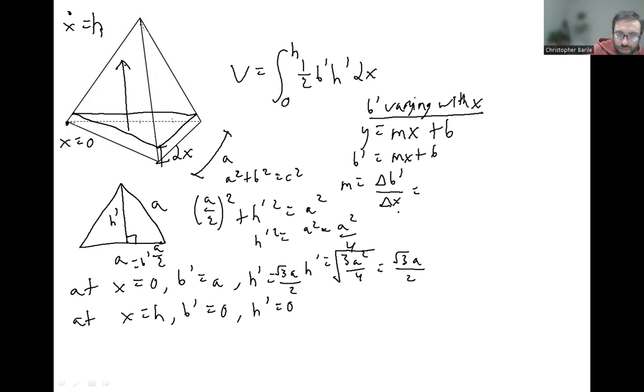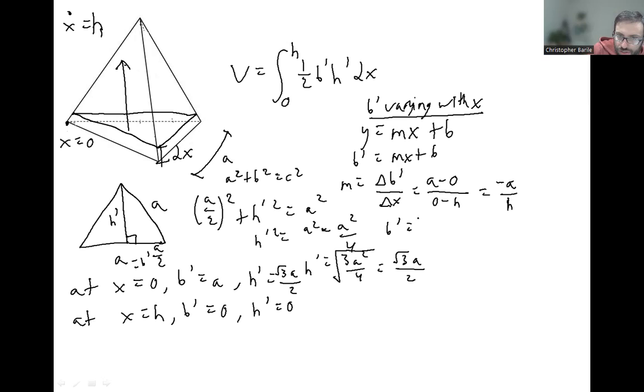Well, we went from A to 0, so it's A minus 0. And our x went from 0 to H, so 0 minus H. And so we end up with negative A over H. So that's our m.